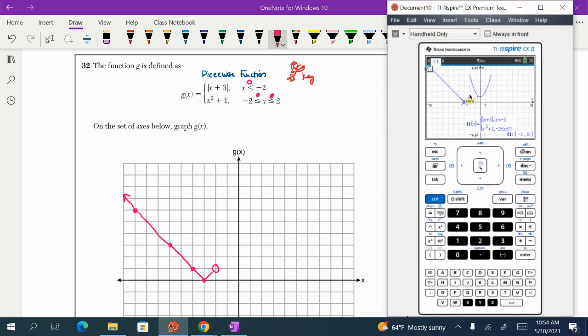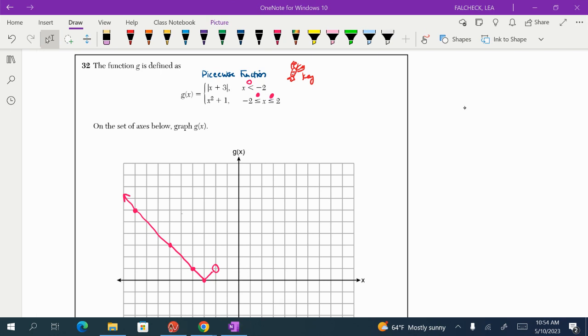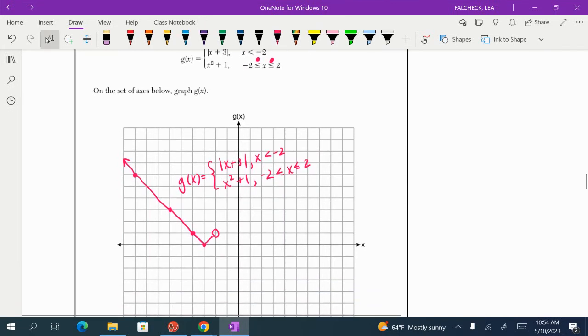Remember, look at the graph. Bertram is walking all the way from -infinity. So let's label that. And let's do the second piece of our function. Okay, so let's get that second piece.